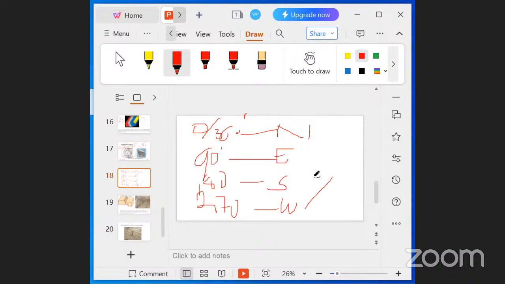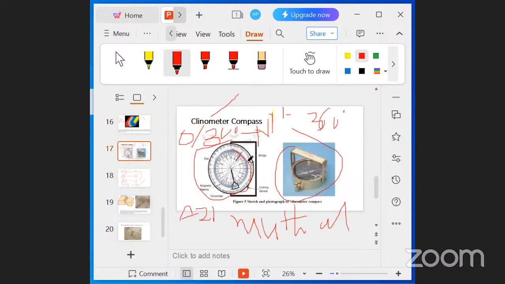It has a magnetic needle which rests north-south, with the marked end of this magnetic needle here, okay? This one.